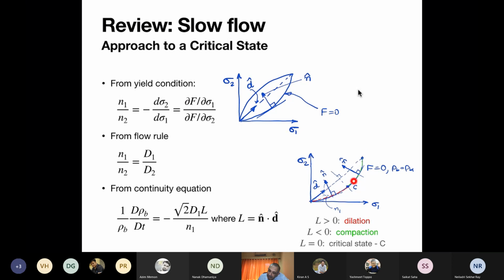And when you are in this region, you have compaction, that is, L is less than 0, so the material becomes more dense. And of course, when you are at the critical point, that is the point at which the normal vector is perpendicular to the diagonal vector, you are at the critical state where there is neither compaction nor dilation. So we saw this in the last class.